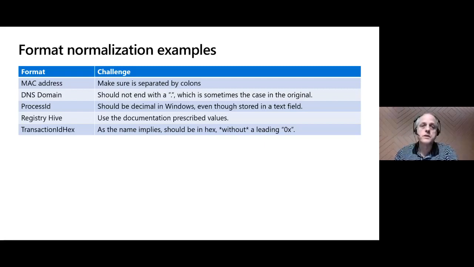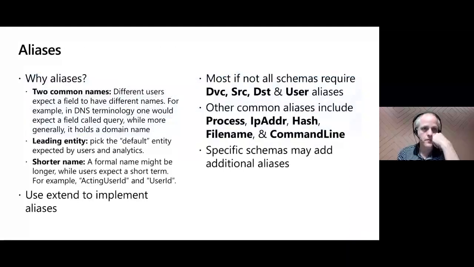Some Windows systems report process ID in hex, some in decimal. We require it to be decimal. That's normalization, keeping consistency, so that queries are simple, predictable, and right without understanding the exact details of the source. I'll leave the other examples for your review.